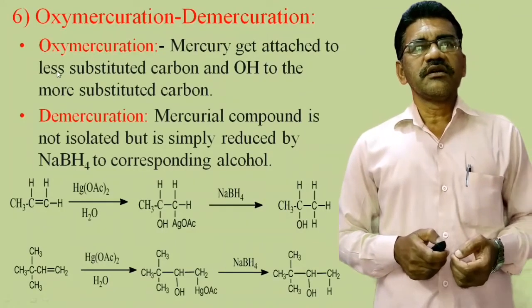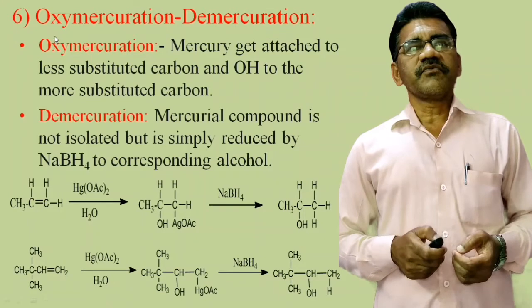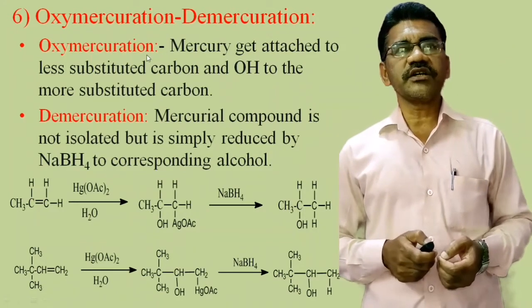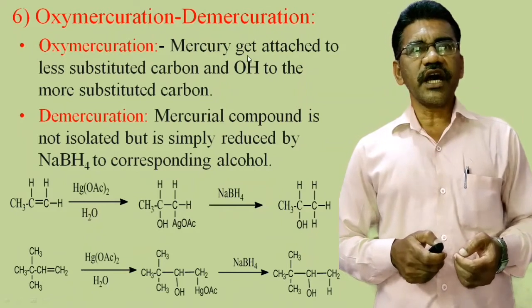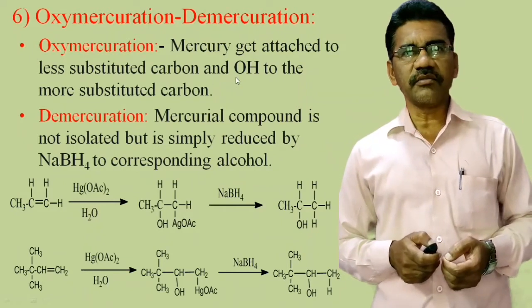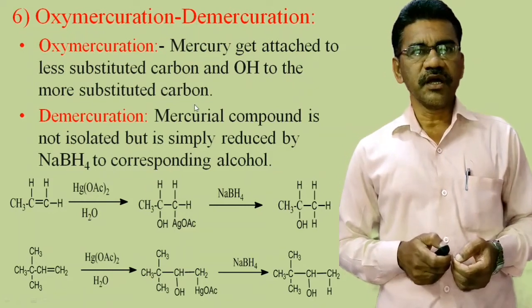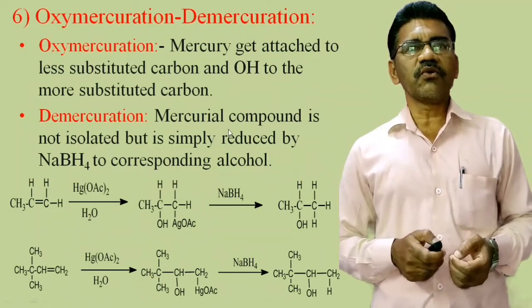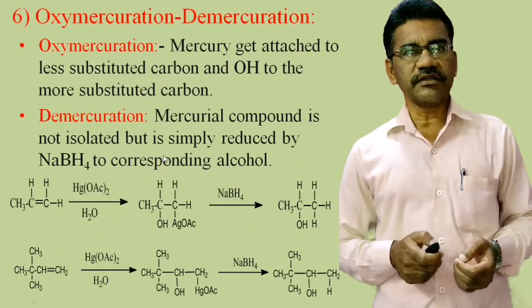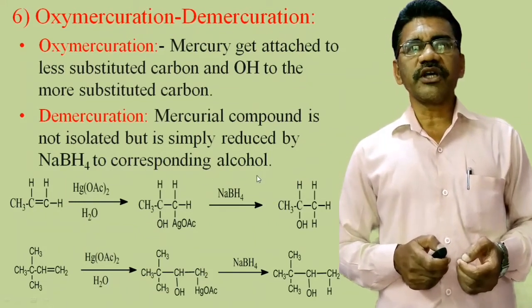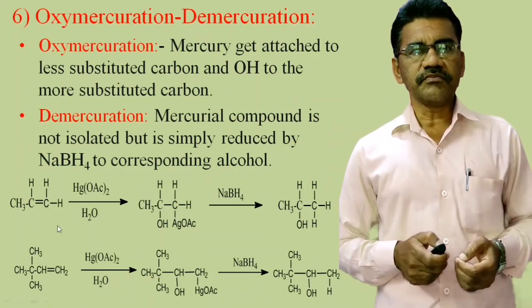Next reaction is oxymercuration demercuration. Oxymercuration means mercury gets attached to the less substituted carbon atom and OH minus to the more substituted carbon atom. And demercuration means the mercurial compound is not isolated, but it is simply reduced by sodium borohydride to the corresponding alcohol.